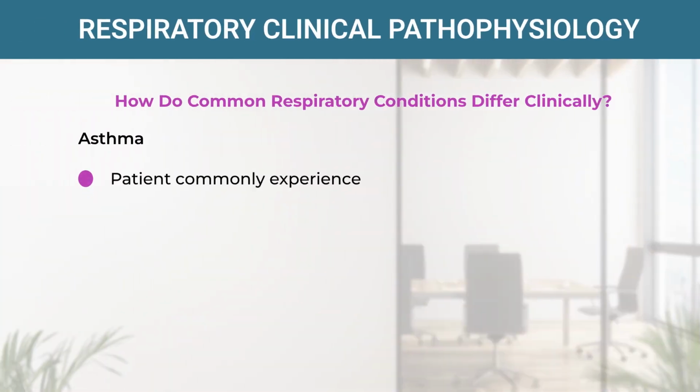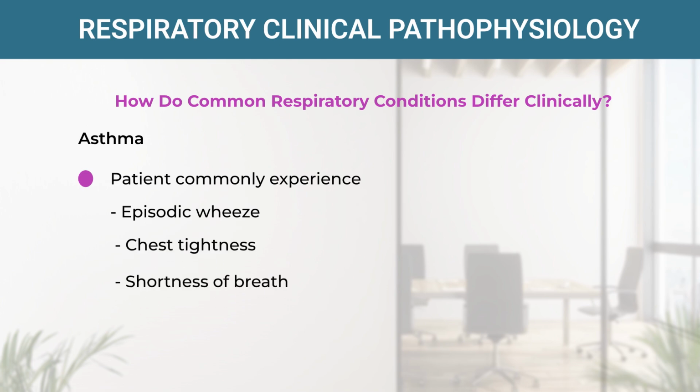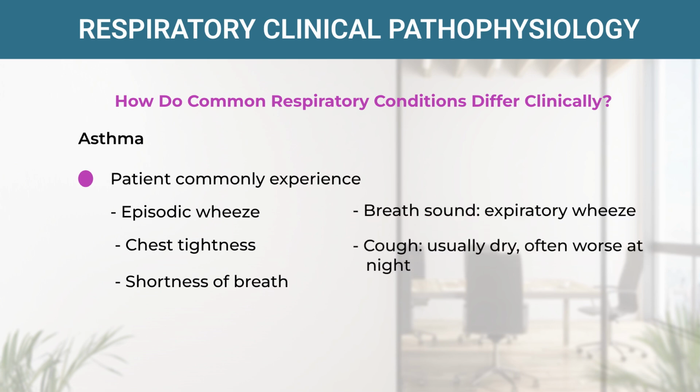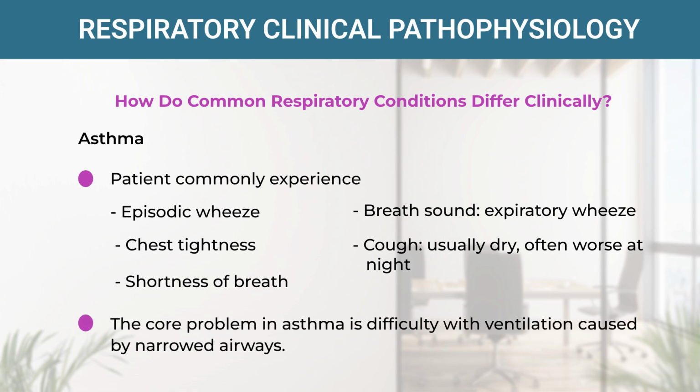The patient commonly experiences episodic wheeze, chest tightness, and shortness of breath. Their breath sound is an expiratory wheeze, and the patient usually experiences a dry cough, often worse at night. The core problem in asthma is difficulty with ventilation caused by narrowed airways.